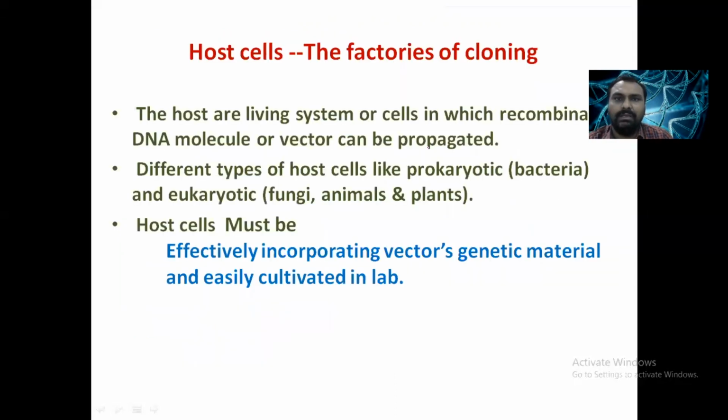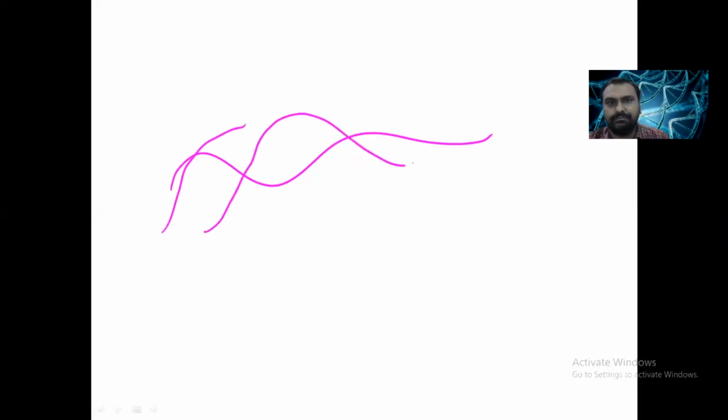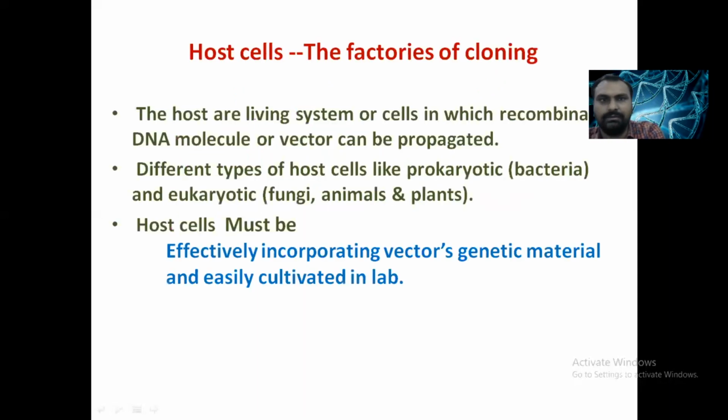Here our gene of interest, this is our DNA, and the restriction enzyme will act at the specific palindromic site and cut the DNA. Suppose this whole is our gene of interest, it is cut with the help of restriction endonuclease.